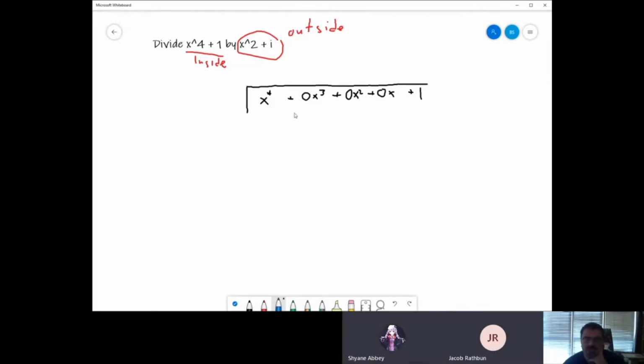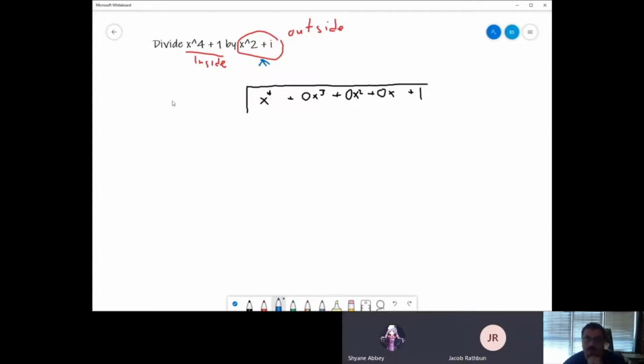Yeah. So right here, you'll note the divisor starts with x squared. There's no x. And is i a constant or a variable term? It's constant.